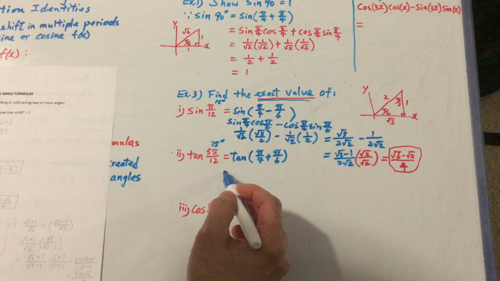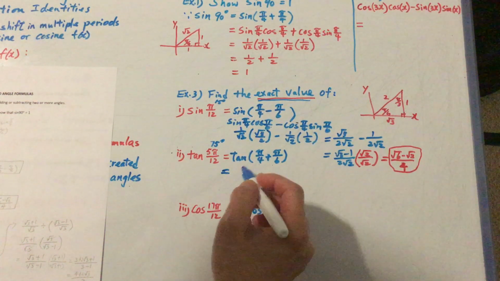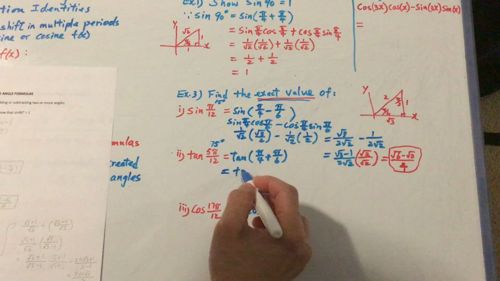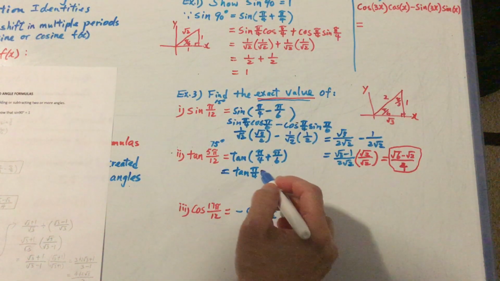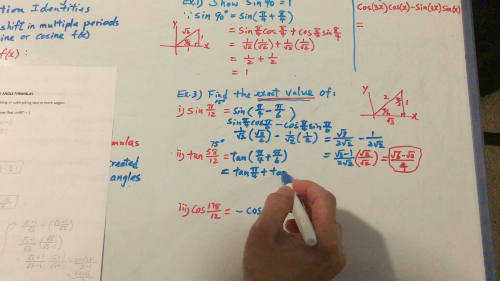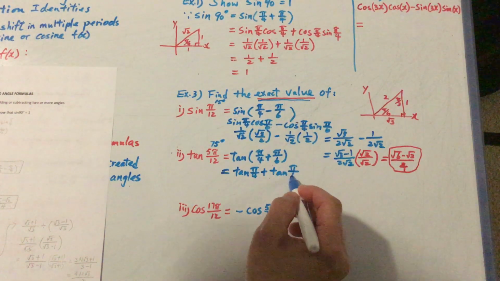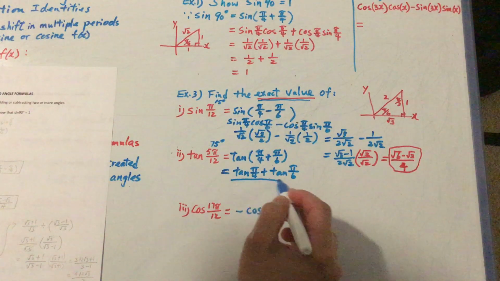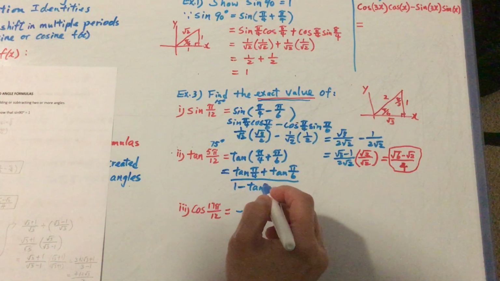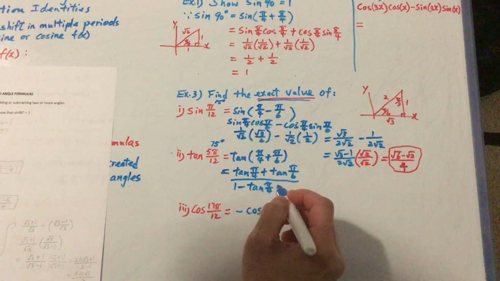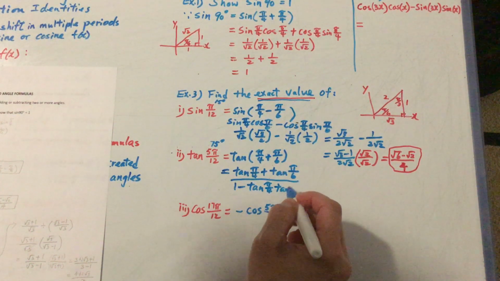So by following the formula, I'm going to have the tangent of pi over 4 plus the tangent of pi over 6, and then divided by 1 minus the tangent of pi over 4 times the tangent of pi over 6.